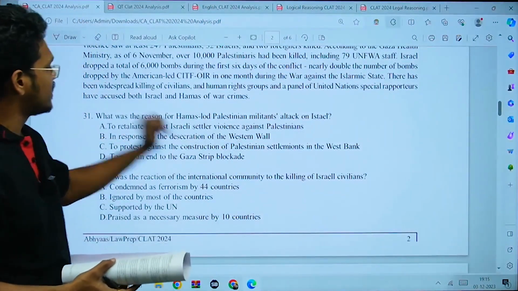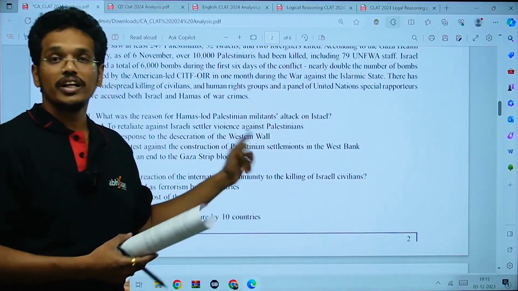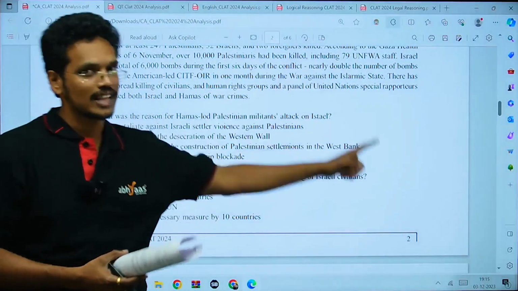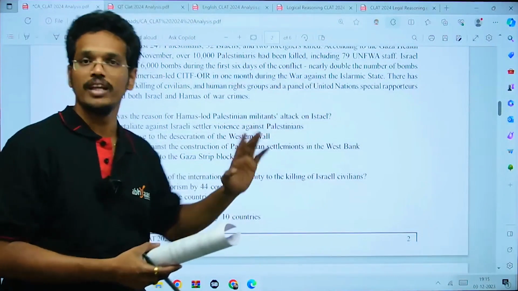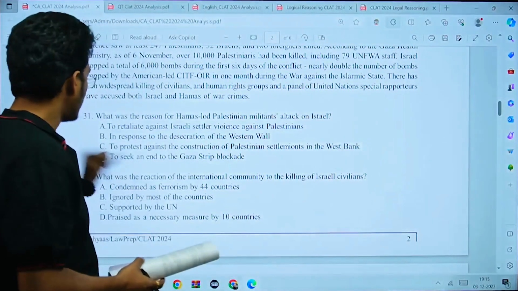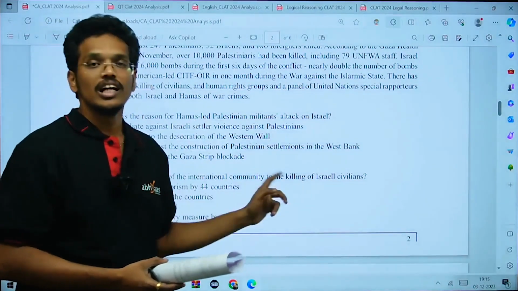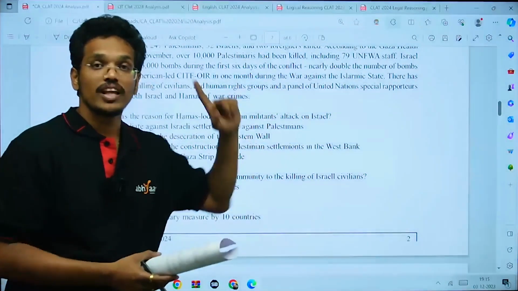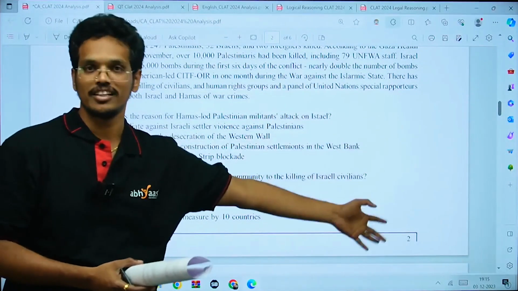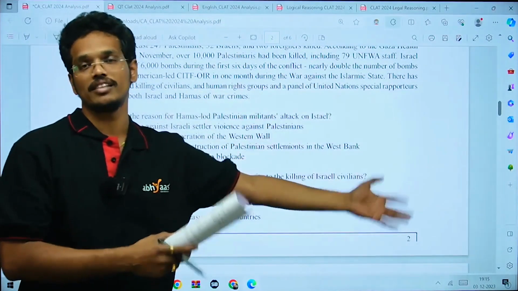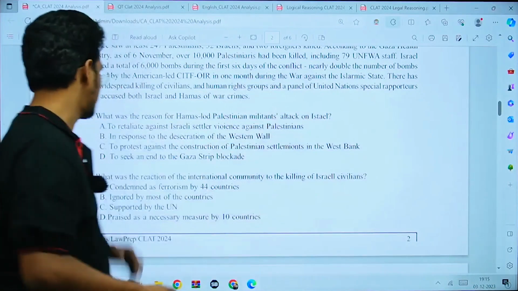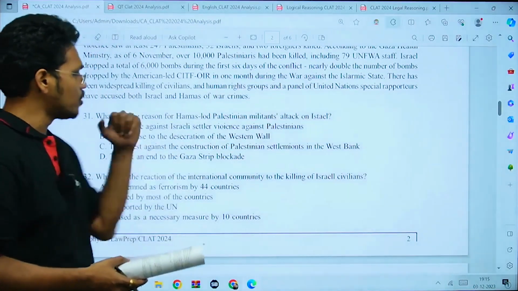In response to the desecration of Western Wall. So it is about desecration of Al-Aqsa Mosque, not Western Wall. So option B cannot be the answer. Option C, to protest against the construction of Palestinian settlements. It is against the construction of Israeli settlements, not Palestinian settlements, because the attackers themselves are Hamas, who are sympathizers of Palestinians. Next, to seek an end to Gaza Strip blockade.